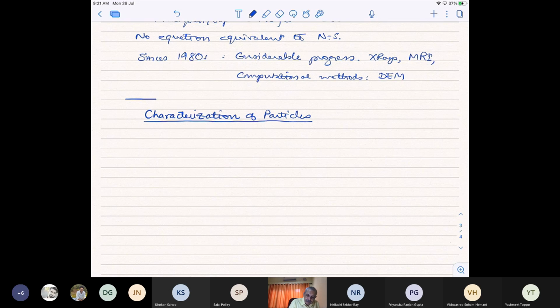The most important one is really to look at particle size. And there are a large number of methods because of that.